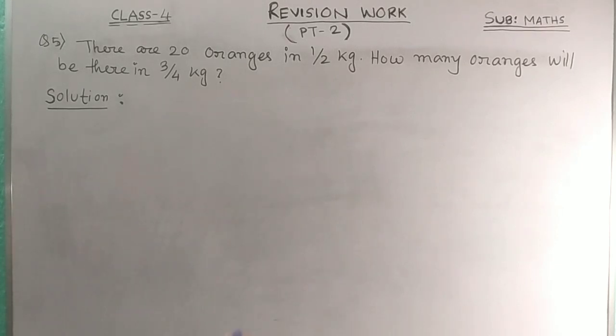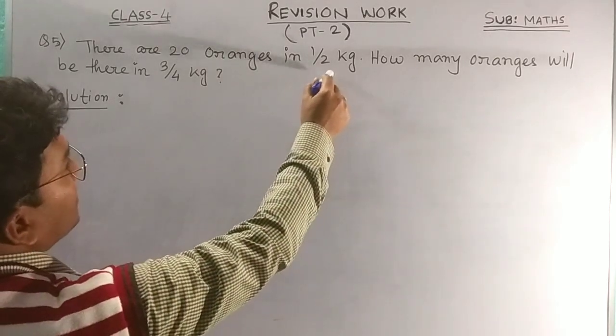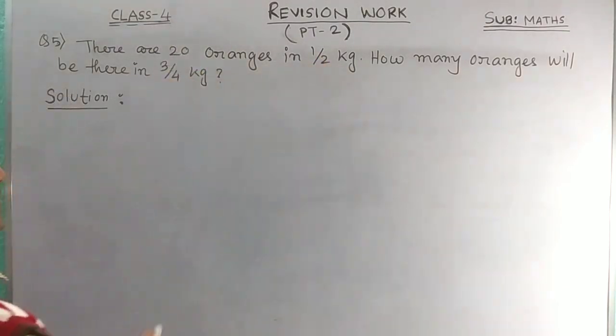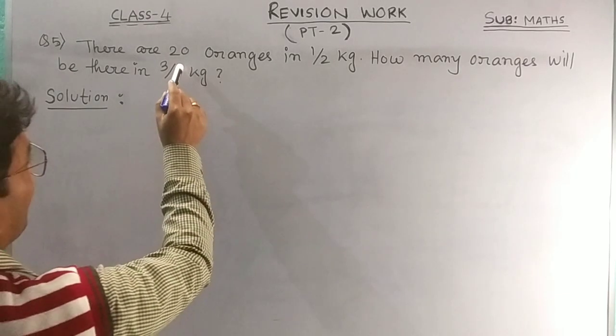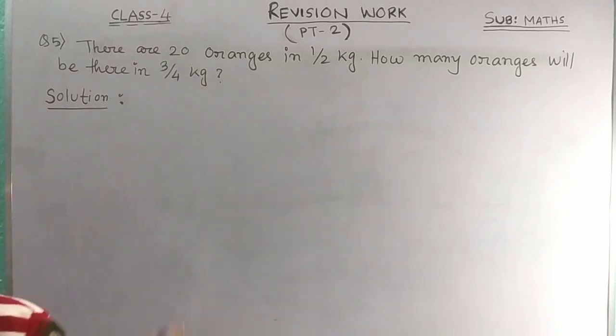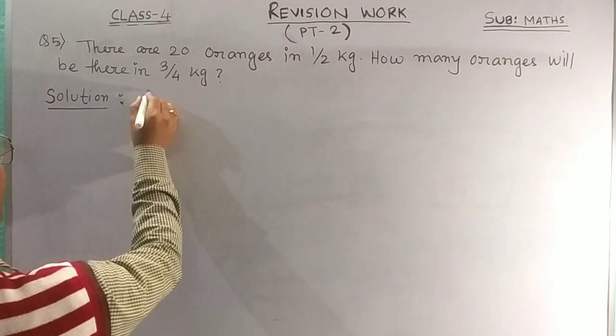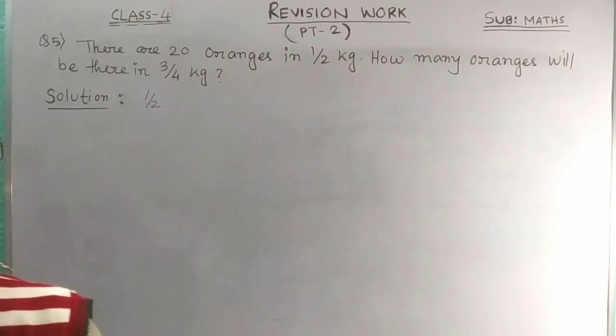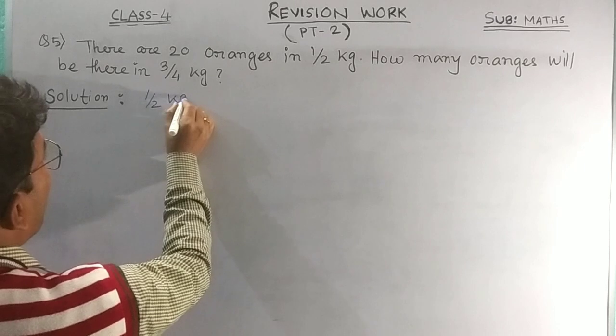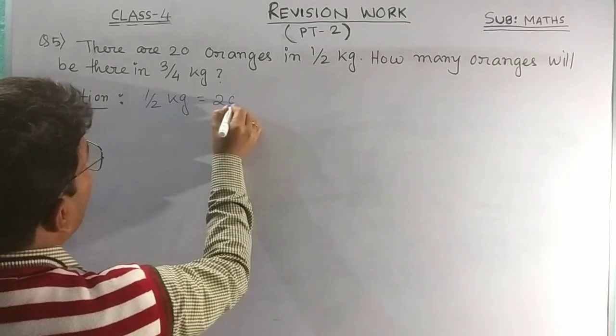That means half kg is 20 oranges. Then we have to find out 3/4. So at first you can write like this: half kg equal to 20 oranges.